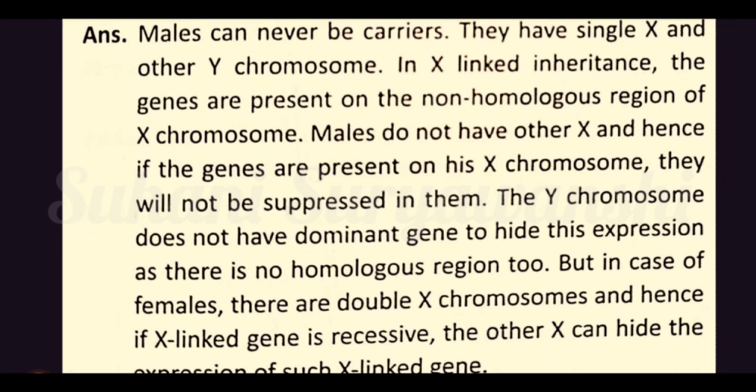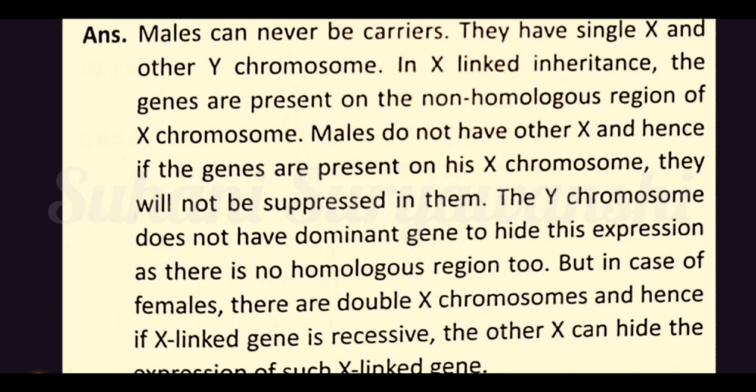In X-linked inheritance, the genes are present on the non-homologous region of the X chromosome. Males do not have another X, and hence if the genes are present on his X chromosome, they will not be suppressed in them. The Y chromosome does not have a dominant gene to hide this expression, as there is no homologous region.